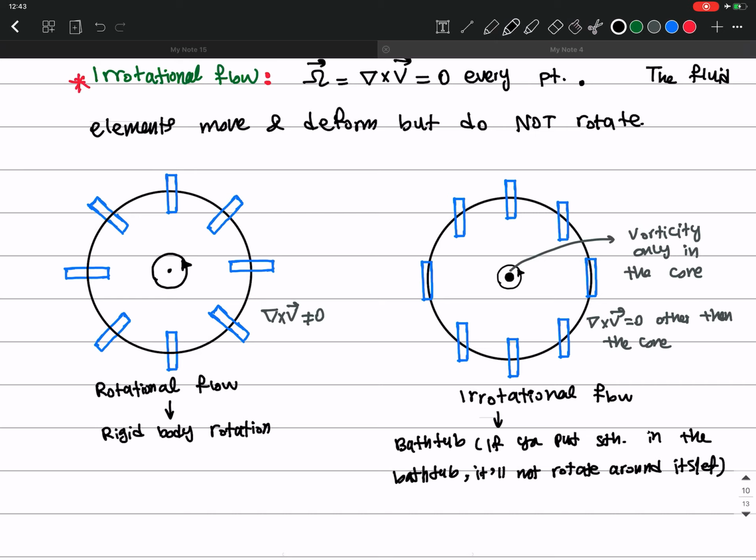Okay, so this is actually an irrotational flow. In a rotational flow, we should have some rotation around its own axis as well, right? So here we have a rotation around its own axis as the flow moves this way. But here, as you see, as the flow moves this way, we don't have any rotation in the object itself. So this is the difference between rotational and irrotational flow, and how the vorticity plays a role here.